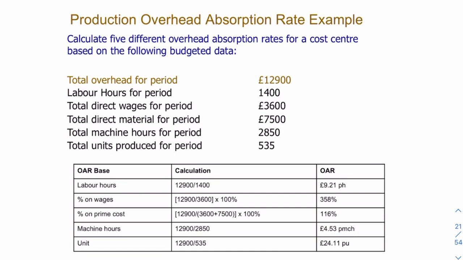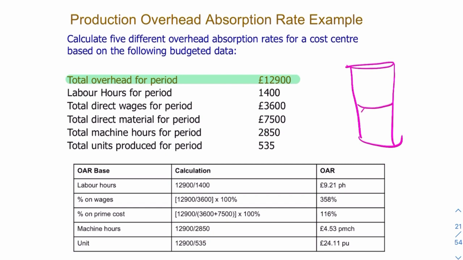Let's say we have a cost center and we have some tabulated data. So the total overheads for a particular period in time are £12.9 thousand. And the question is, how can I distribute, how can I absorb that overhead into my cost unit? So you have your cost unit, whatever it is. It has some prime cost.